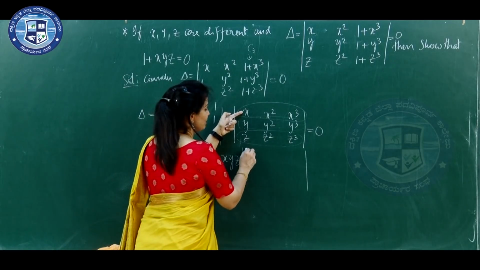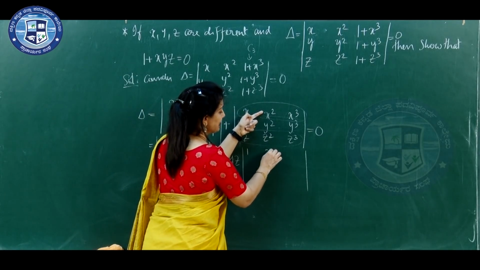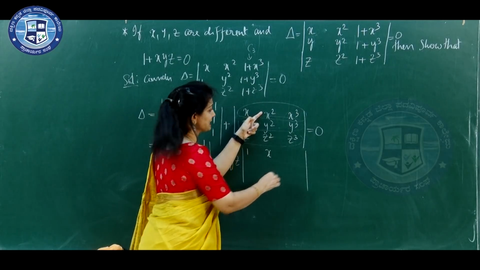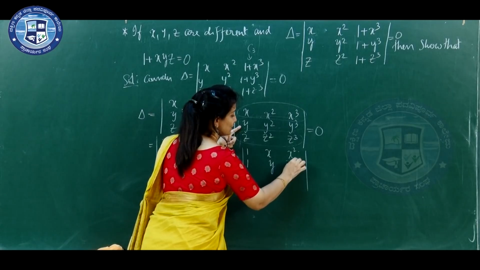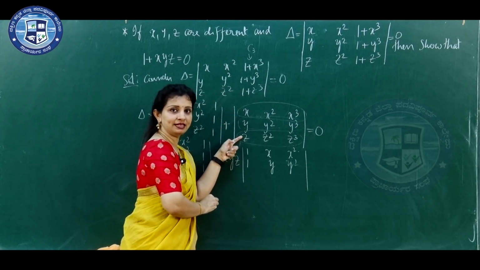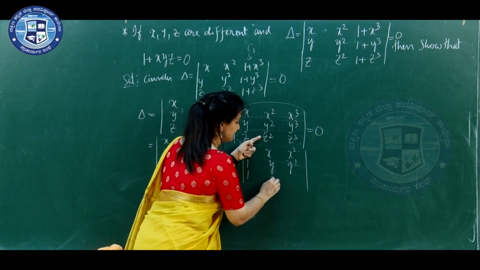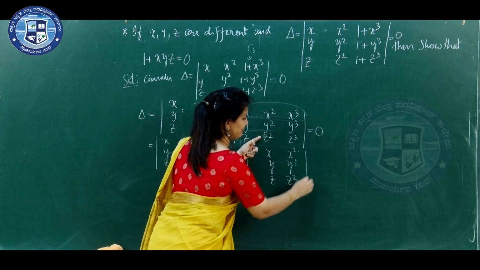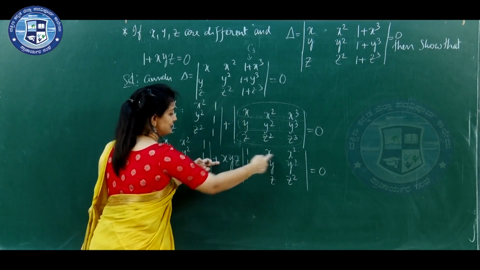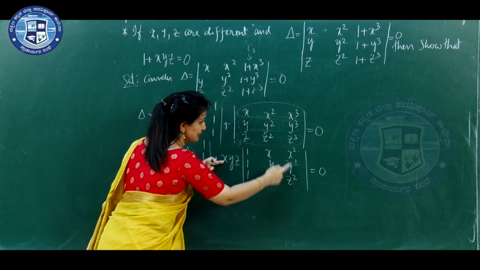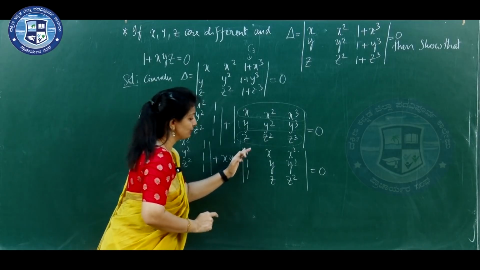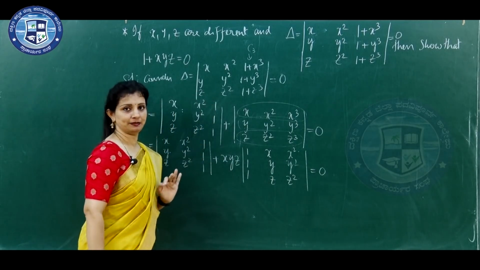Here x is taken out, so 1, x square. Then 1, y square. Here z is taken out from the third row, so 1, z square are left, equal to 0. So, first row x is taken out, second row y is taken out, third row z is taken out. So, the remaining elements are written.